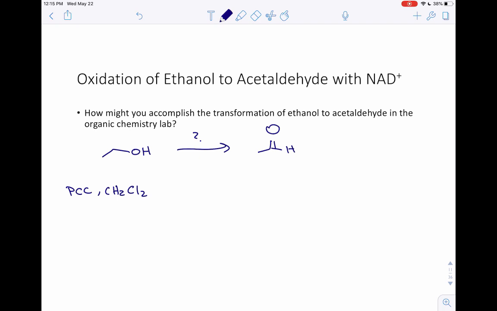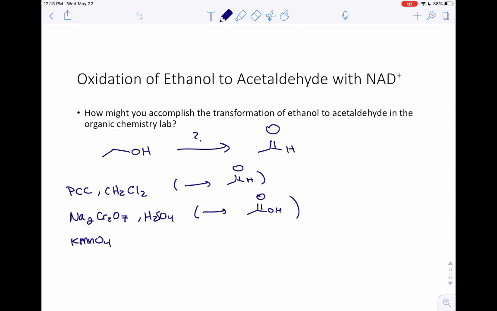We could use sodium dichromate, but only if we want to take the primary alcohol all the way to the acid. So that would take us all the way to acetic acid. And then you could also use potassium permanganate to facilitate the transformation to the acid.